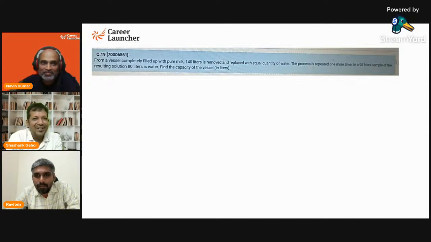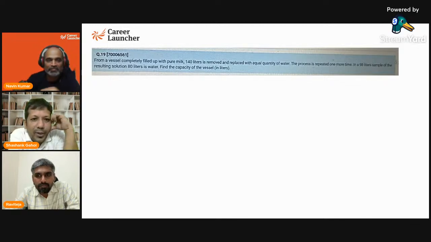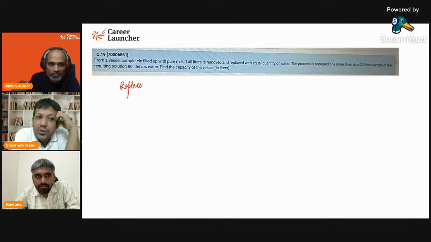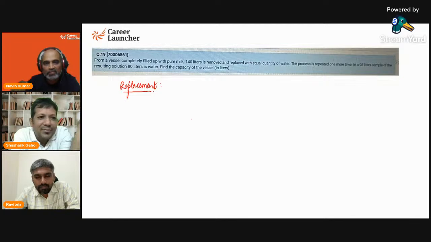We should. Okay. So it says from a vessel completely filled up with pure milk, 140 liters is removed and replaced with an equal quantity. So this is a standard question of replacement. Now the process is repeated one more time, so it is happening twice, and after that some solution is left out, right?